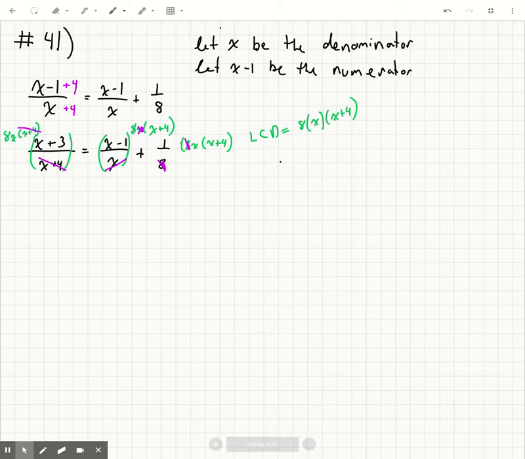So let's see what that turns out to. We have 8x times x plus 3 is equal to 8 times x plus 4 times x minus 1 plus x times x plus 4.